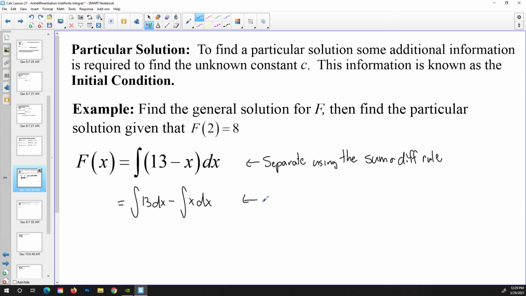And here I will use the constant and simple power rules.